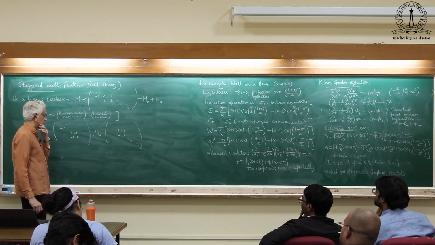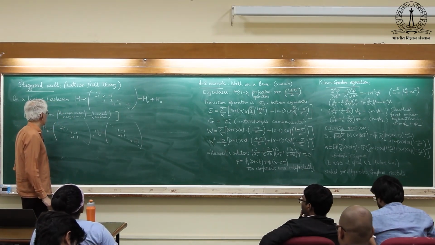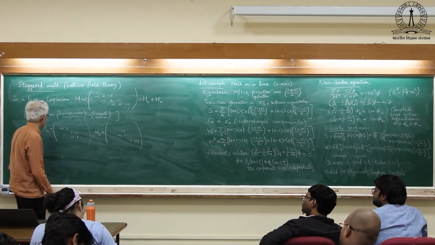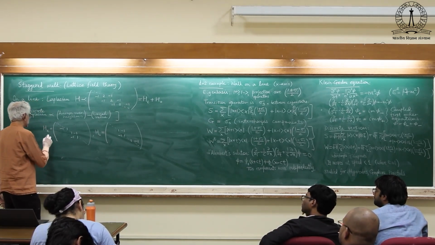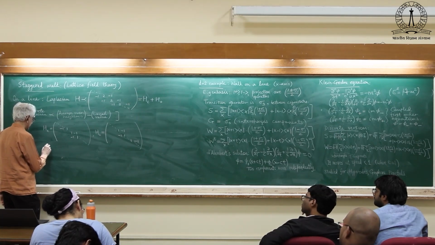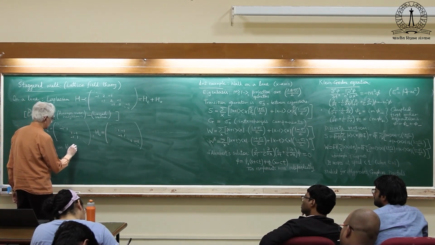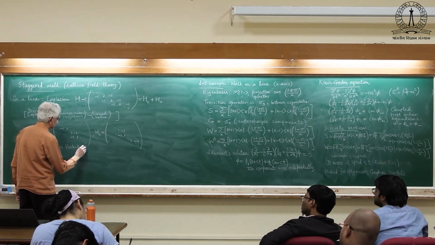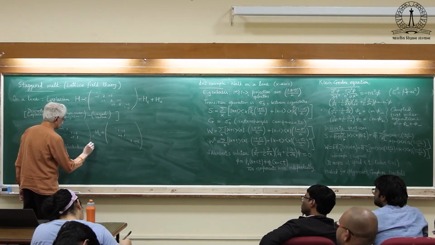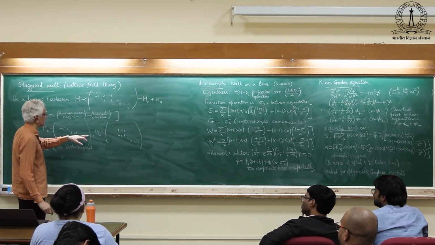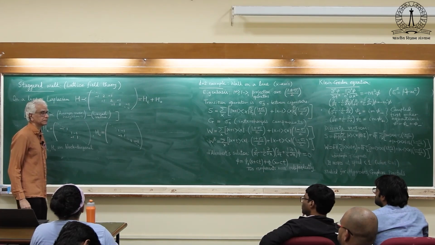The reason for doing this is twofold. One of them is that HE and HO are block diagonal. They are all made up of 2 by 2 matrices.